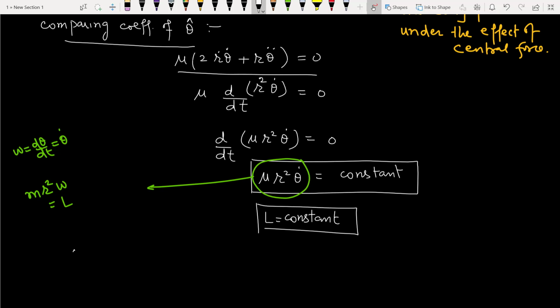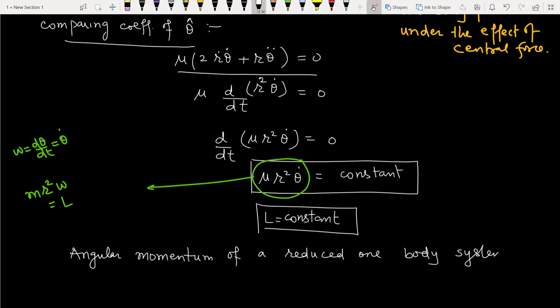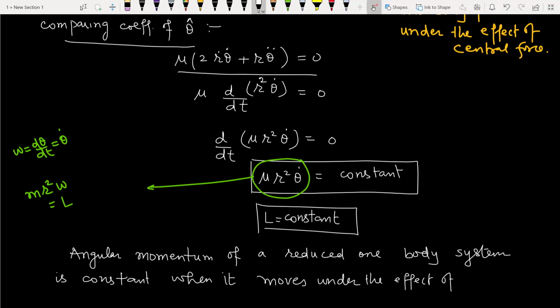It means the angular momentum of a reduced one body system is constant when it moves under the effect of central forces.